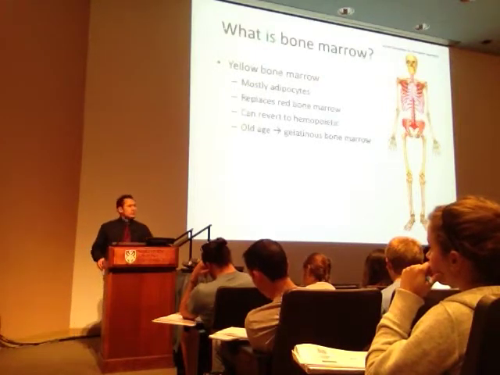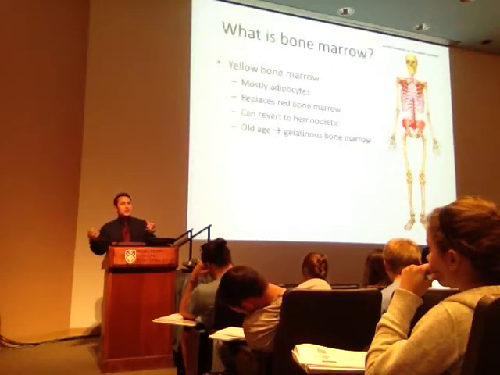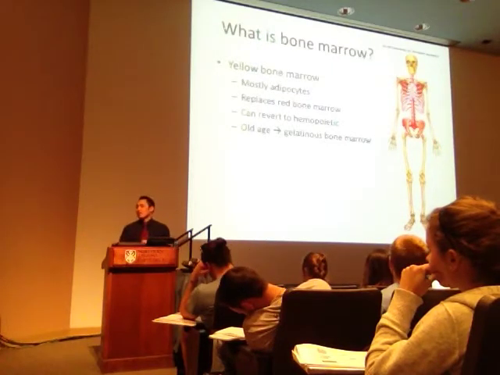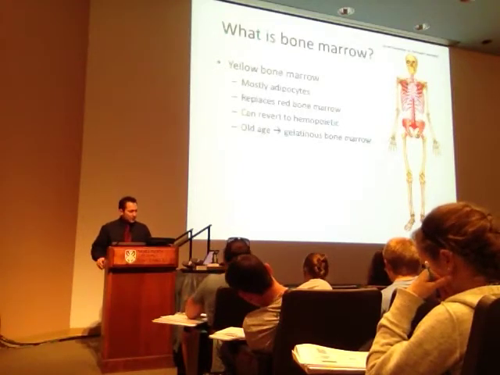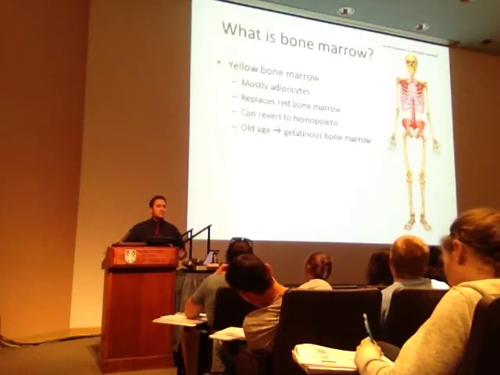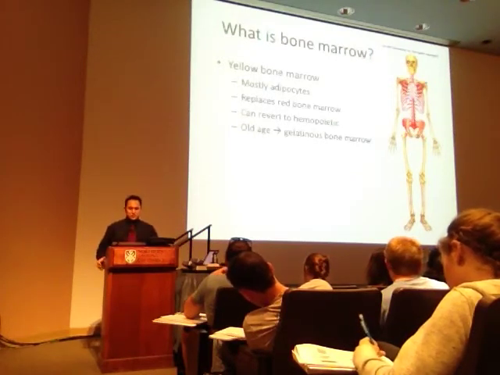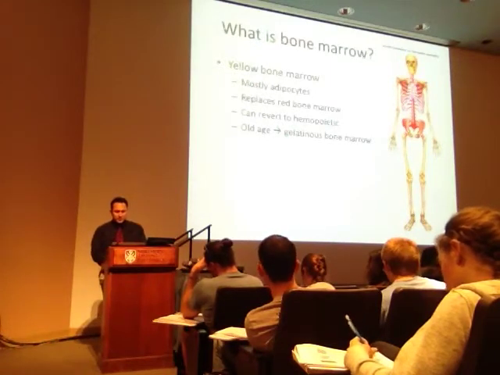So if there's an emergency like a chronic disease or illness, you may convert that yellow marrow back into red marrow so that you can use it again. But as we get older in our geriatric years, above 60, 65 years of age, it starts to become more gelatinous in type, and it loses its ability to be reversible.